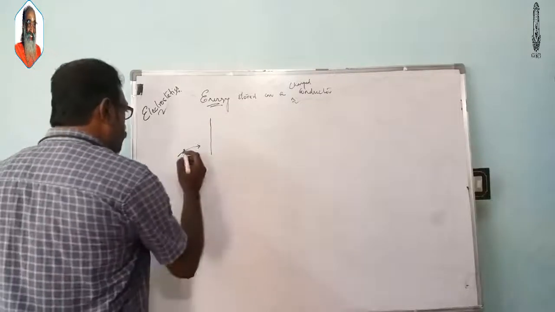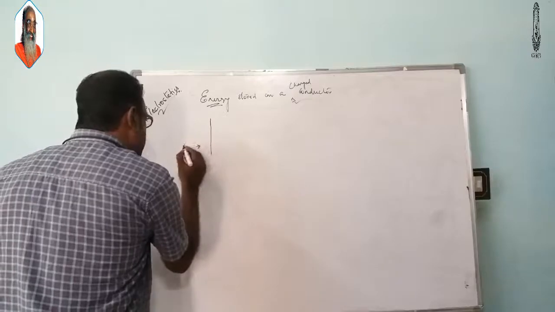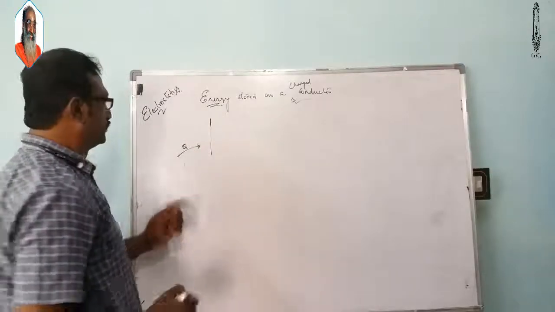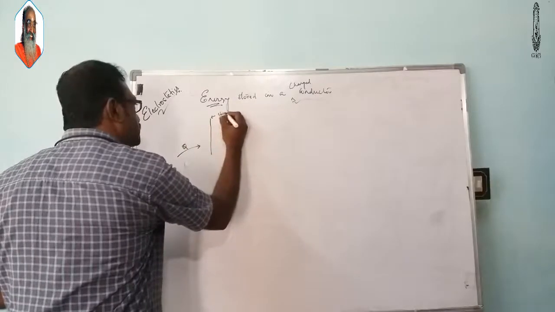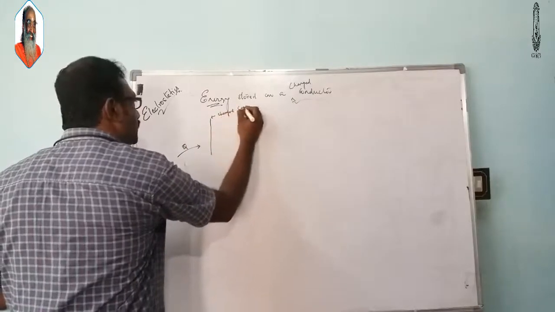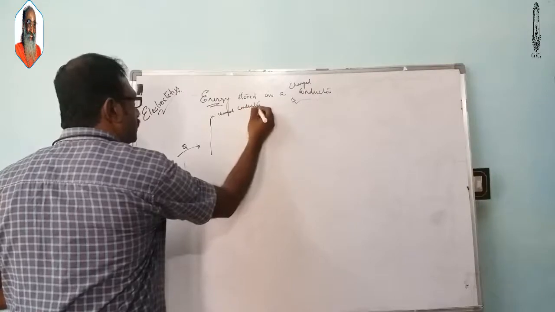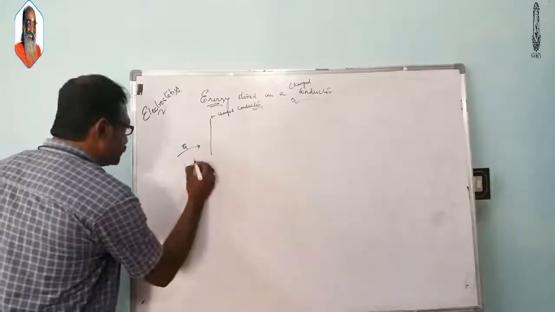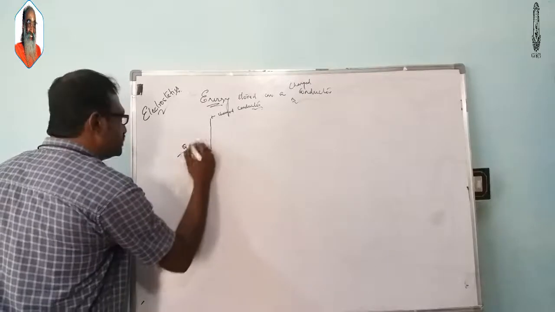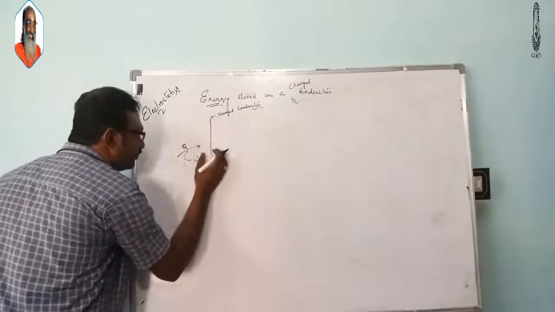And if you want to add some more charge to it, if it already has some charge, you have to do some work. Some work is done to make the charges accumulate on the conductor.